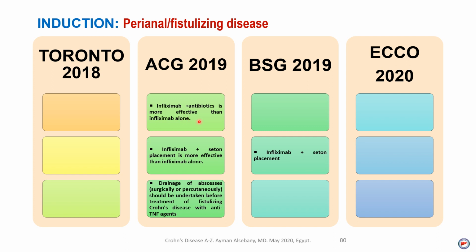So you can combine infliximab with azathioprine or with antibiotics. And also they said, if we combine infliximab with seton placement for drainage of the fistula, it is better than infliximab alone. The British Society of Gastroenterology said it is better to combine infliximab and seton from the start. Okay, of course, never start antibiotics before drainage of any abscess, surgically or radiologically.